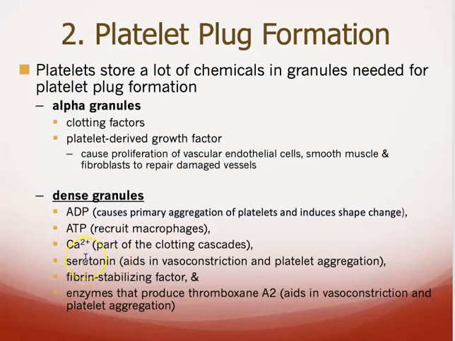There's serotonin. This aids in vasoconstriction and platelet aggregation. Fibrin stabilizing factor will help stabilize fibrin threads. And enzymes and thromboxane A2 will also aid in vasoconstriction as well as platelet aggregation. Again, platelet aggregation is just the grouping or the coming together of a lot of platelets.